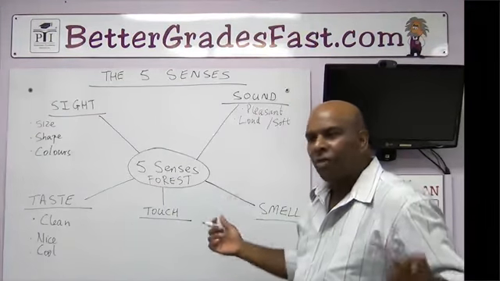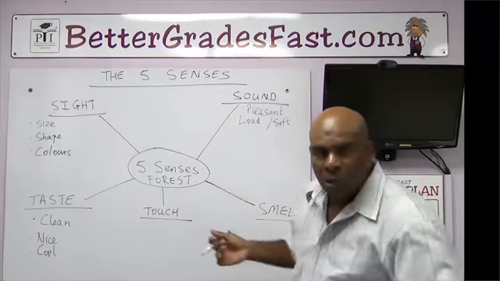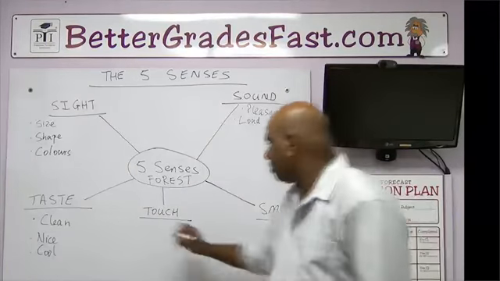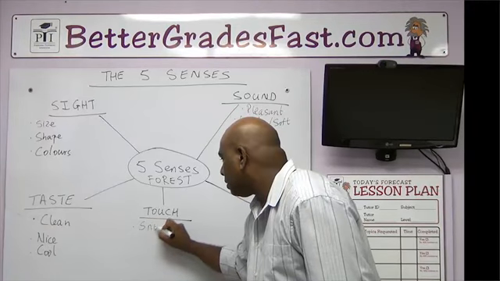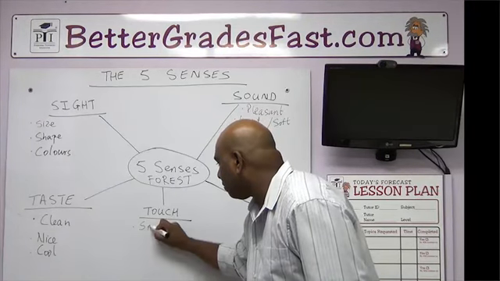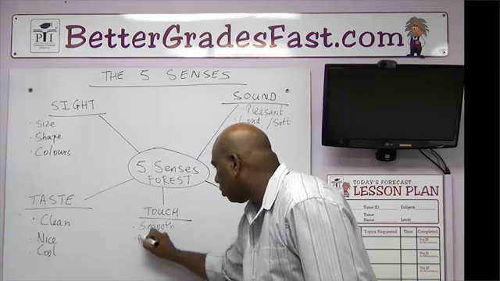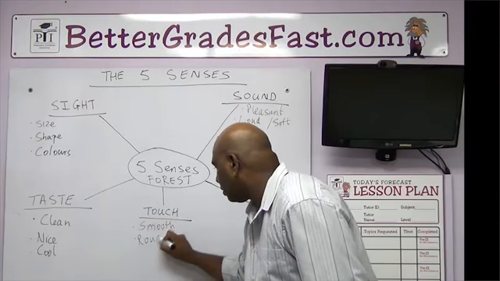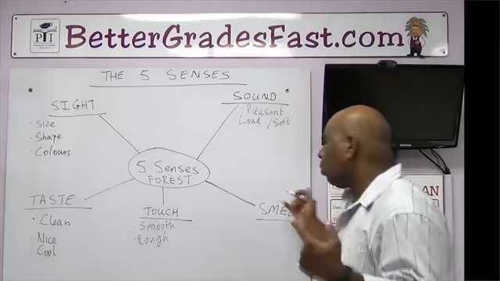What about touch? What can we feel in a forest? Maybe trees, tree barks, maybe water from a stream or a spring. Okay, so in touch, is it smooth or is it rough? Or is it jagged? Is it sharp? Think about it. What about smell?